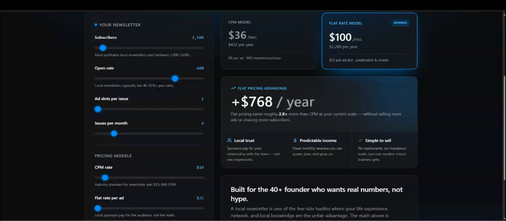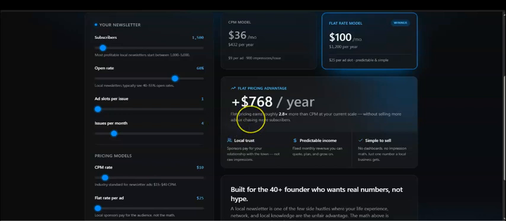They're all local because it's a local newsletter. Would you like to get in front of them for a month? And when you say it like that, you say, I'm only going to charge you $100 because I'm just starting out. It's going to be a lot more of an easy sell for you than trying to explain the CPM model. So you can see here that over a year, that flat pricing gives you 2.8 times more than the CPM model.